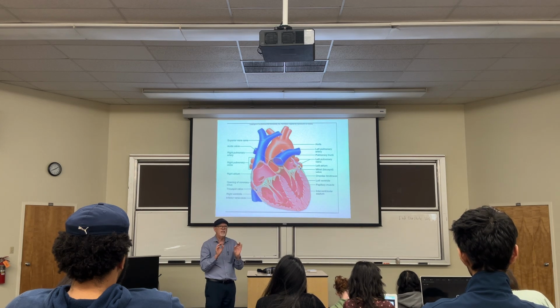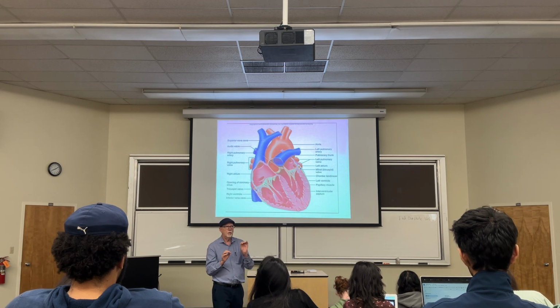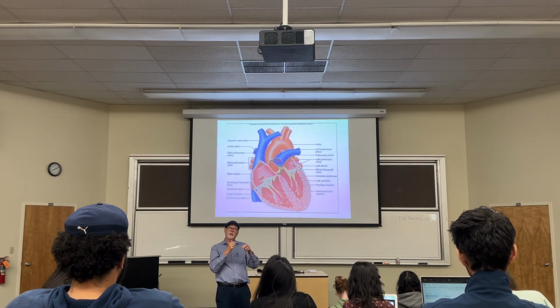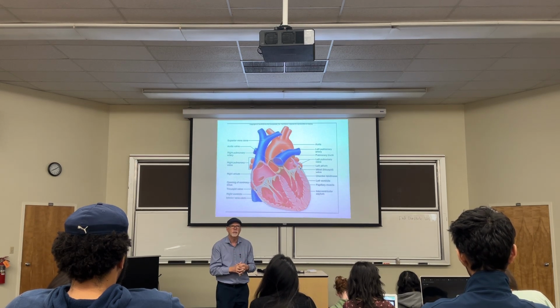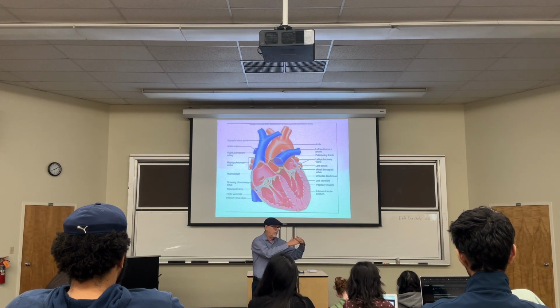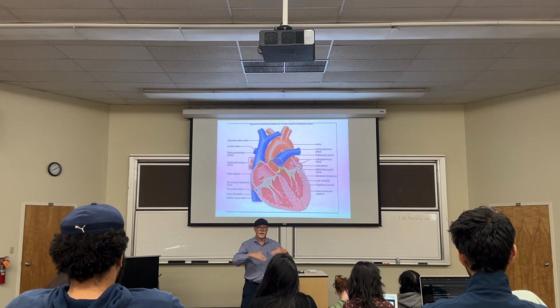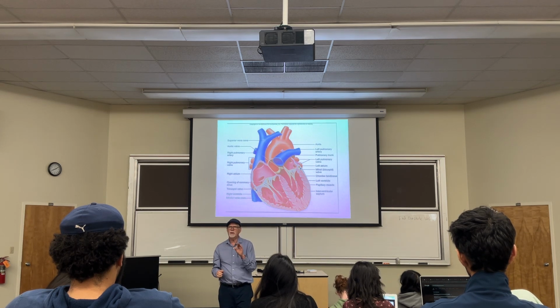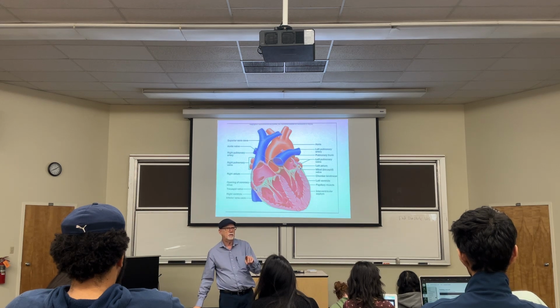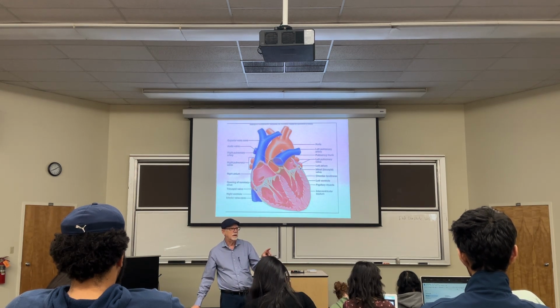There's a very brief time when the semilunar valves, the exiting valves, are still closed. The entry valves, AV, are closed. The exiting valves are closed. So we call this subphase of systole isovolumetric contraction.